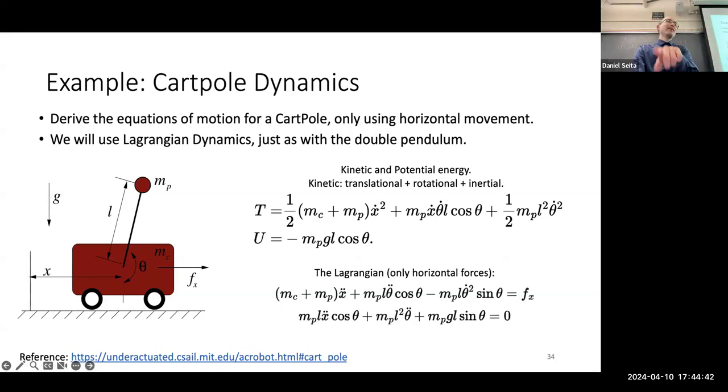I'm going to go through more of that next class, how to compute the different parts of the kinetic energy. But if you accept that this is the kinetic energy, and this is the potential energy, then you can compute your partial derivatives. You plug them into your Lagrangian, like this thing here, and then you get your equations of motion.